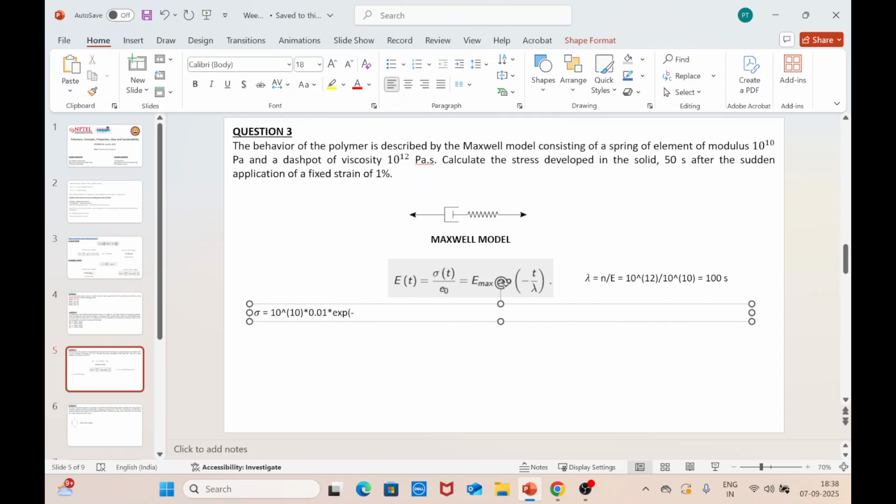Your t is going to be 50 seconds, because we are asked to calculate the stress that is developed in the material after 50 seconds of the application of the strain.